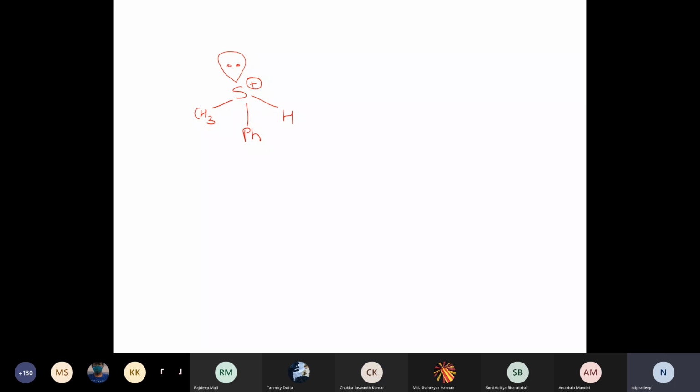Based on what definition? One, it has three different substituents attached to the sulfur. The second is that you have only one lone pair, and the others are methyl and phenyl. So both definitions are satisfied here, which is why I call this molecule chiral.